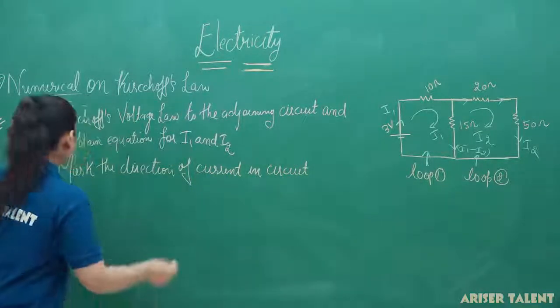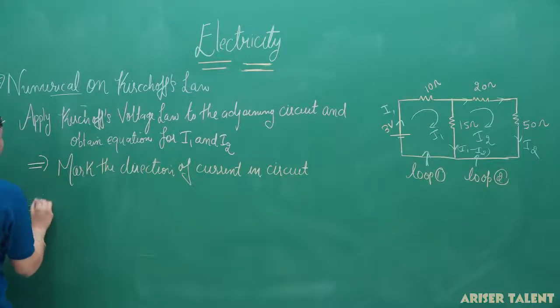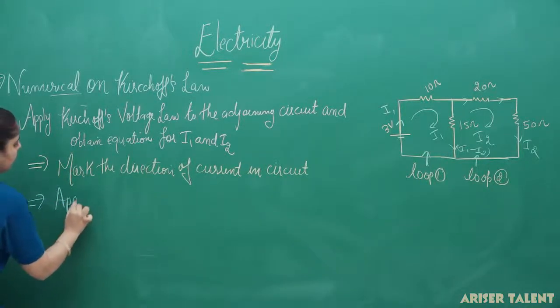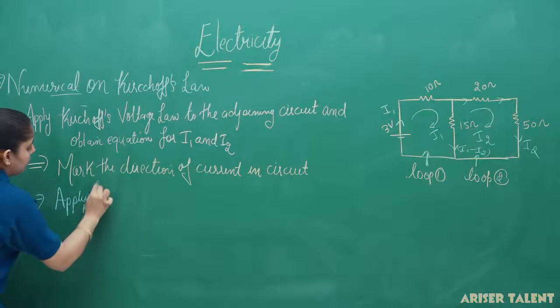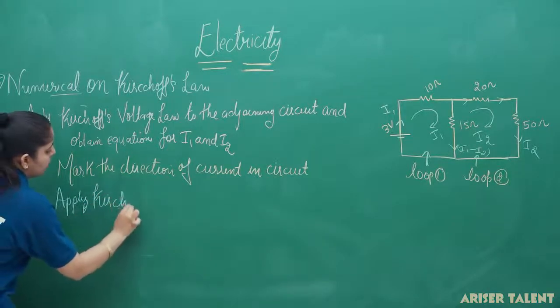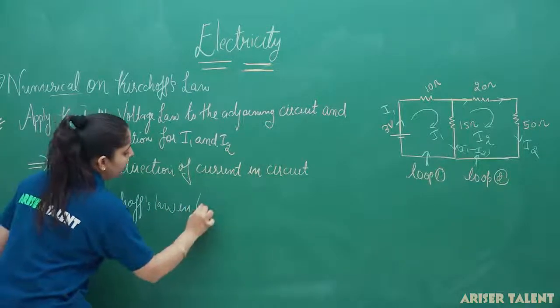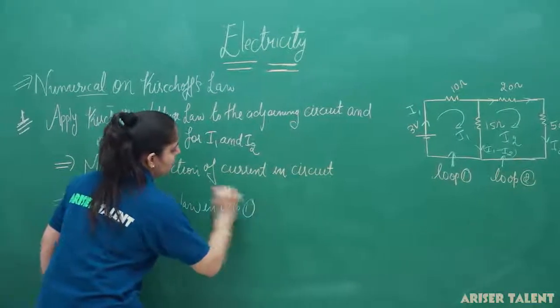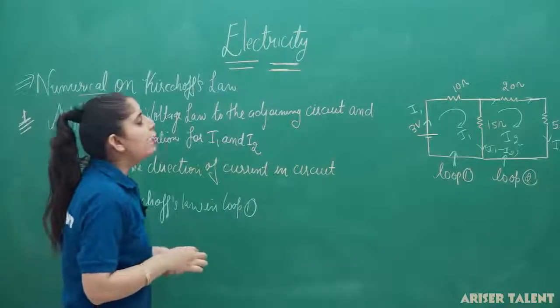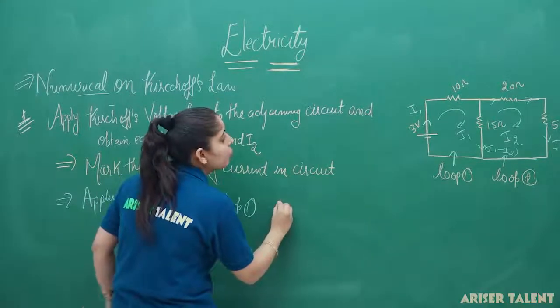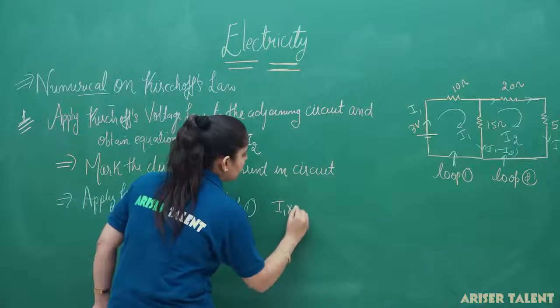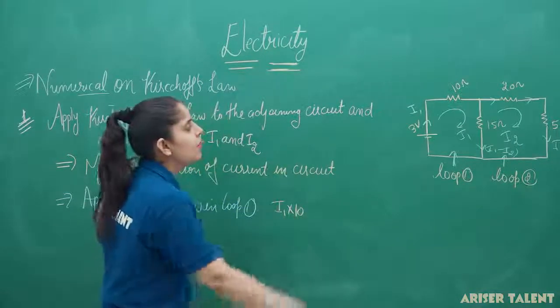So, apply Kirchhoff's second law in loop 1. Now, what will happen in loop 1? Firstly, we take I1 into 10, that is I1 R1.